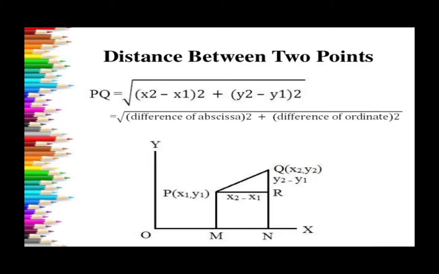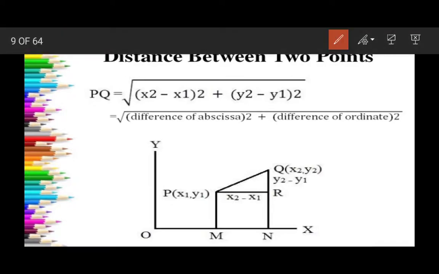So the first revision is about the distance between two points, the distance formula. The distance between points P and Q is equal to the root of (x2 minus x1) whole square plus (y2 minus y1) whole square.